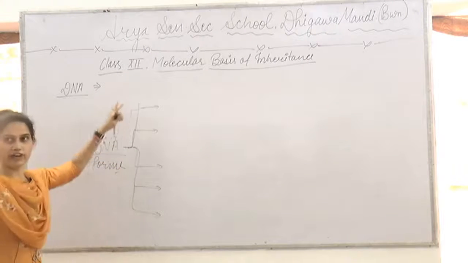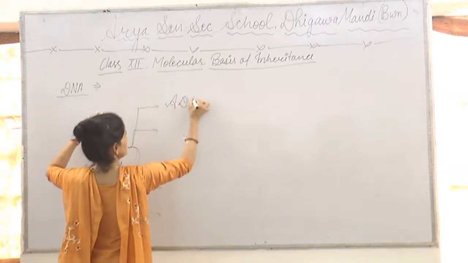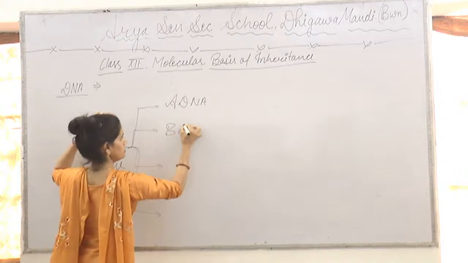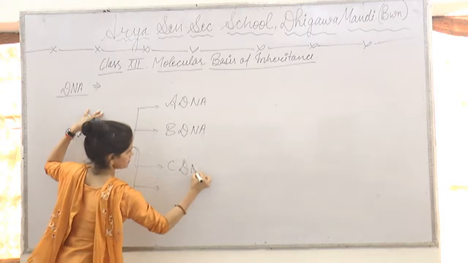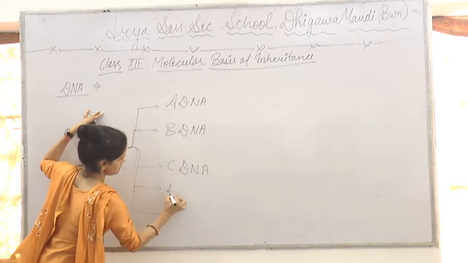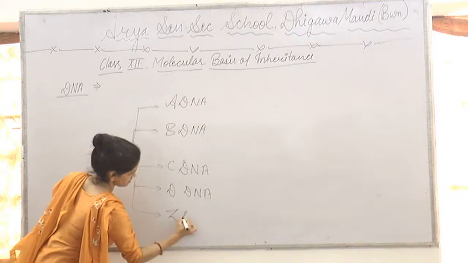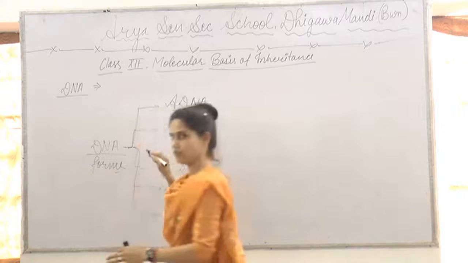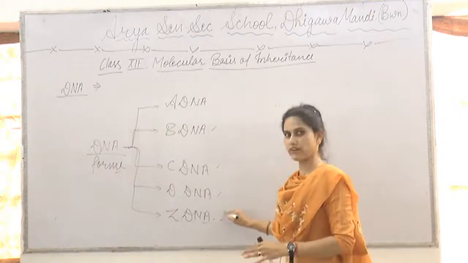So there are 5 DNA forms: the first is aDNA, the second is bDNA, then cDNA, dDNA and gDNA. These are the 5 forms of DNA: 1, 2, 3, 4 and 5.